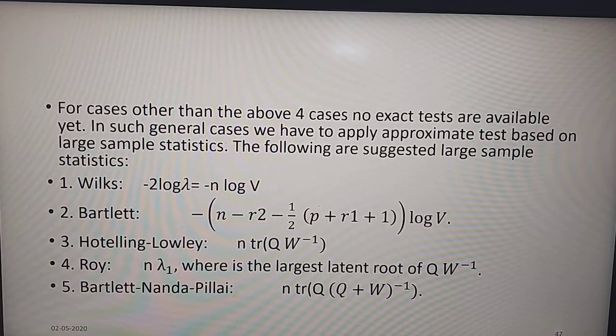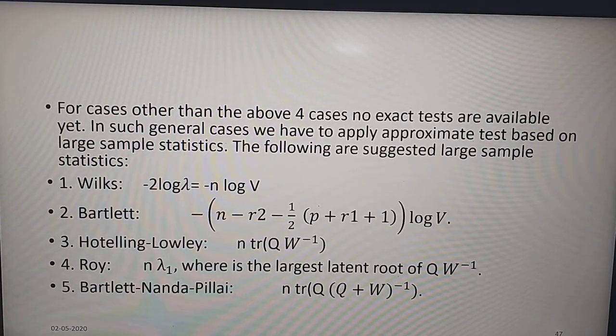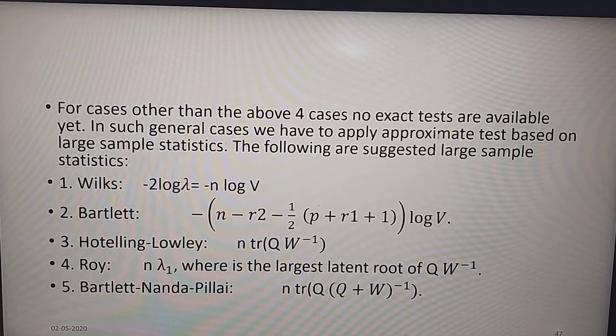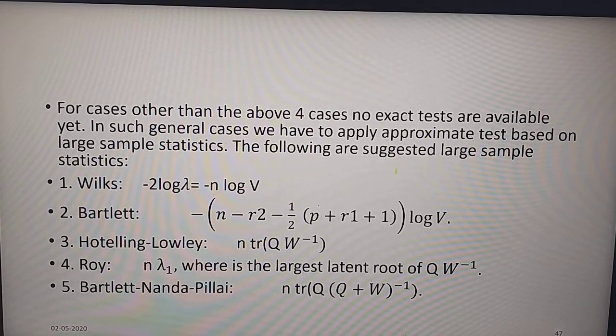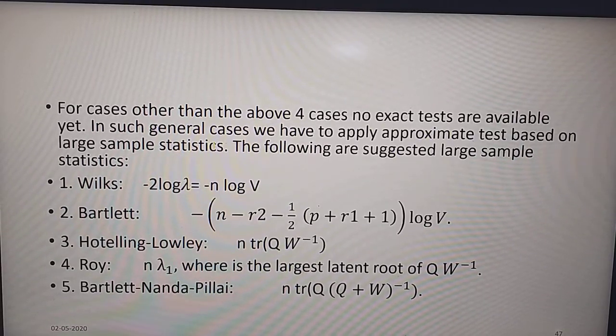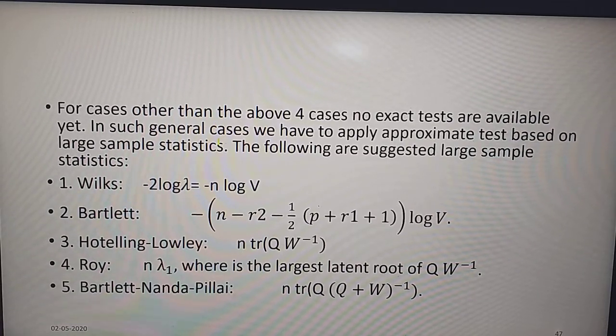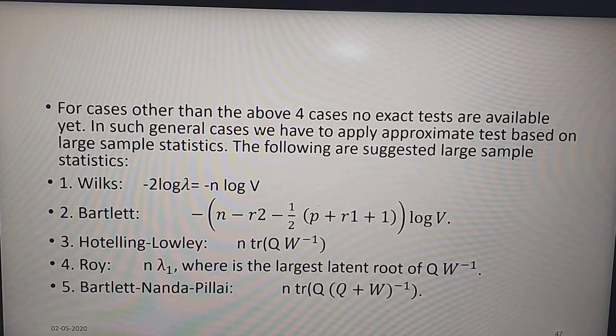Now, here is a note. For cases other than the above four cases, no exact tests are available in the literature. For the general case, we have p is equal to 1, r1 is equal to 1, p is equal to 2 bivariate, and r1 is equal to 2. Other than these four cases, in the general case, we do not have any exact test for H0.